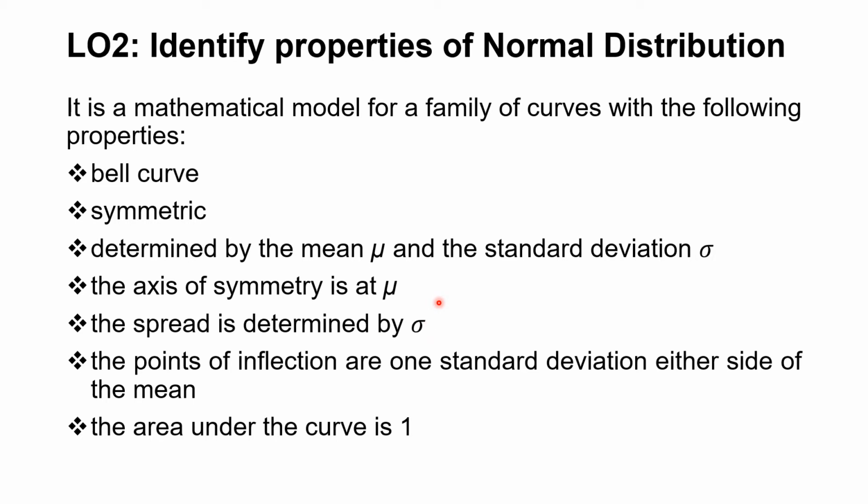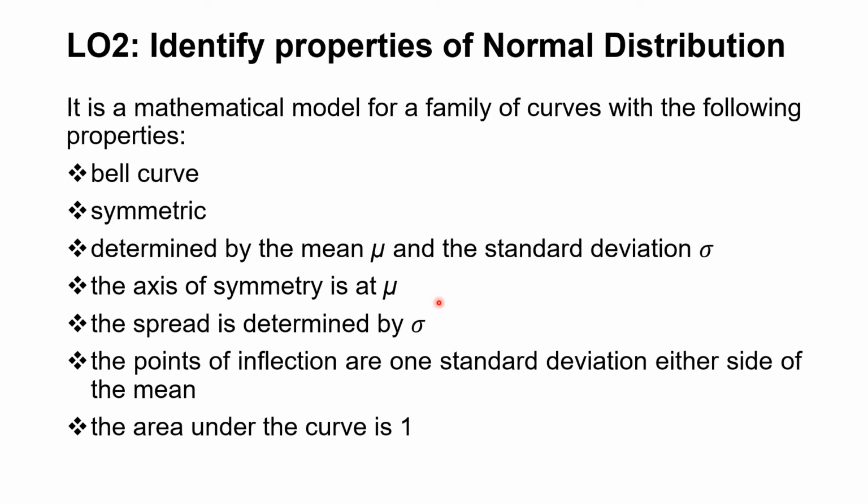This simply means the mean plus 1 standard deviation to the right, plus 2, plus 3 standard deviations to the right, and also minus 1, 2, 3 standard deviations to the left. So the standard deviation determines the spread of the curve. If the standard deviation is higher, your curve is more spread. If the standard deviation is lower, your curve is less spread.